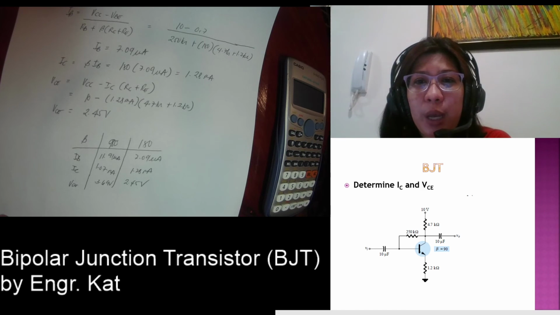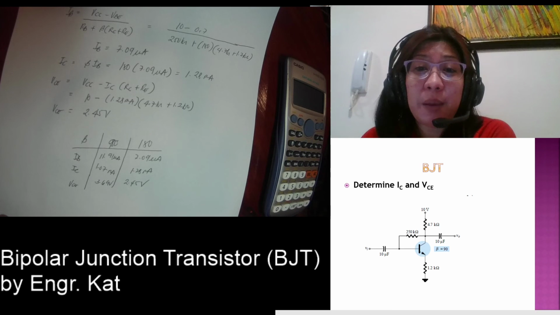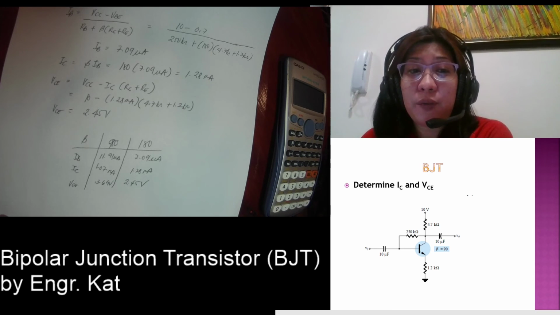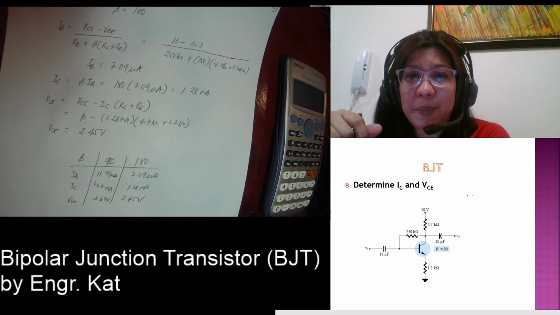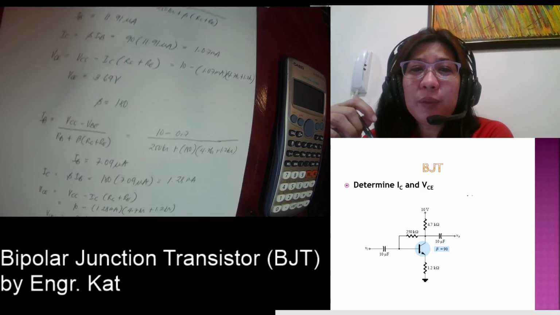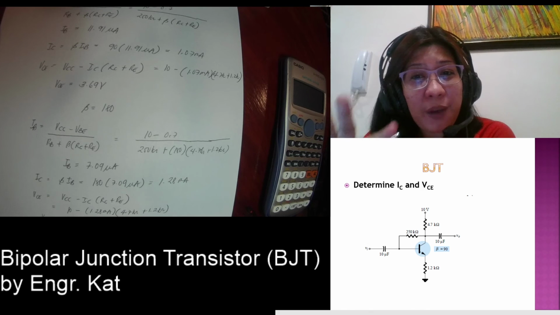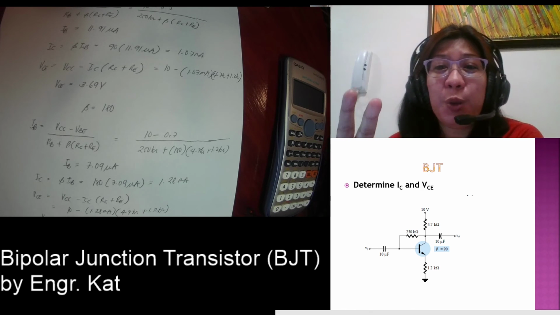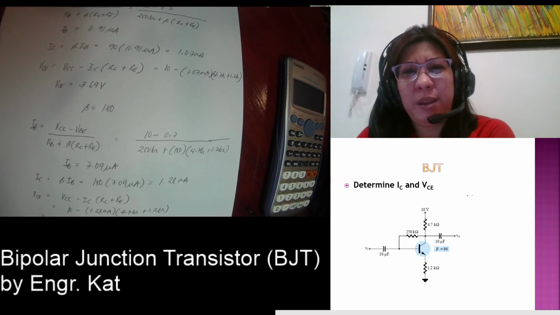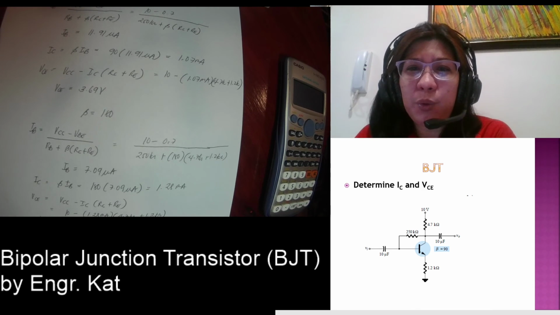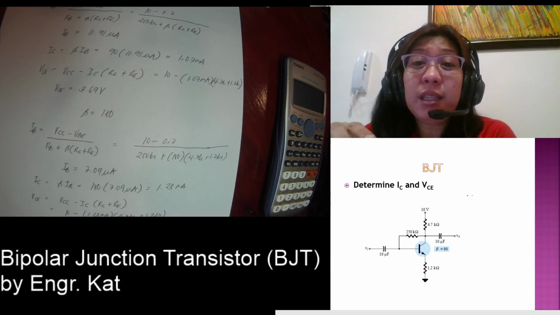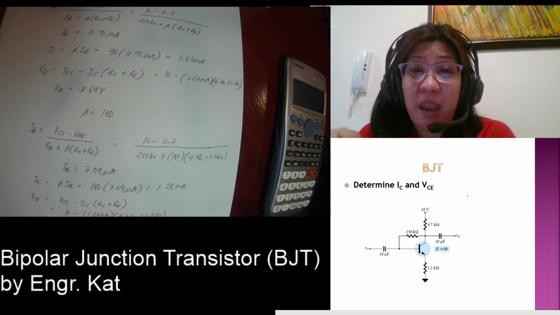Okay, so if we're going to rank them, the best or the most stable is the voltage divider configuration, followed by this DC feedback bias. We have four different circuits, so you might be wondering, we have too many formulas to remember, but no, don't memorize the formulas. The important thing here is that the circuit is just the same.